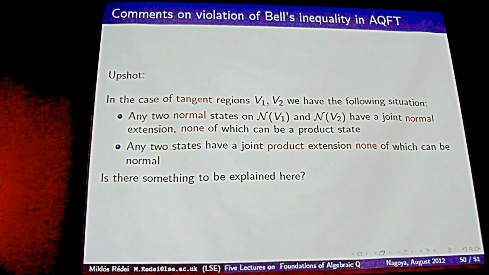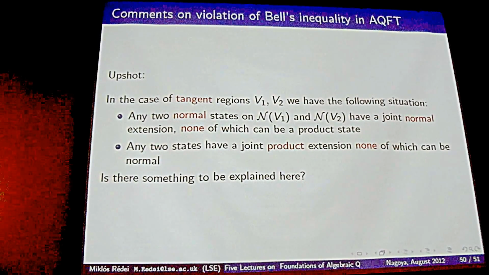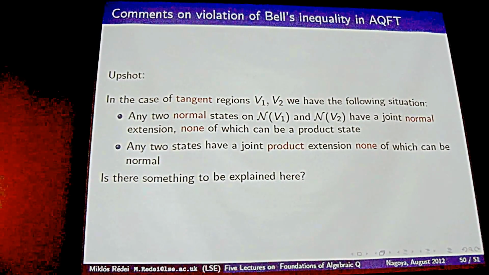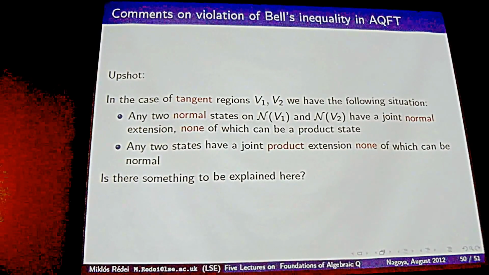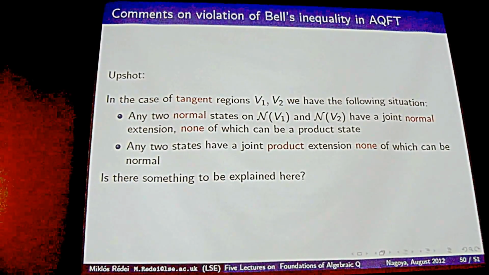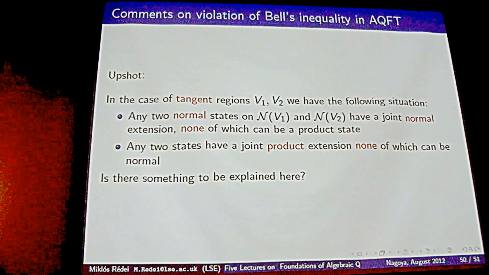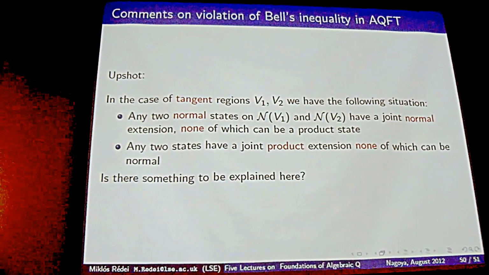Okay. But that normal extension cannot be a product state, because if it were, then it would satisfy Bell's inequality, but it doesn't, because all normal states violate it. On the other hand, any two states have a joint product extension, none of which can be normal.